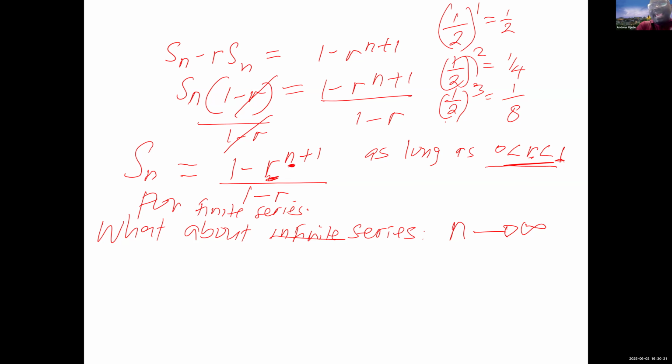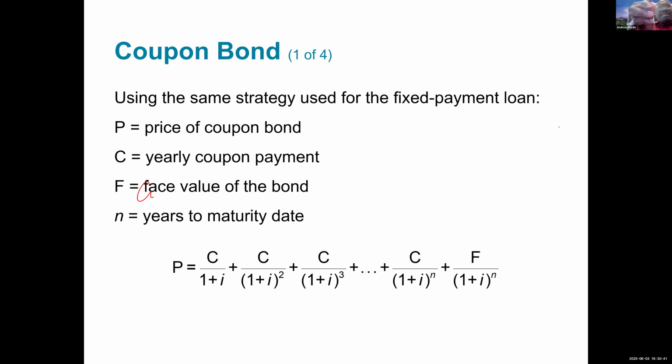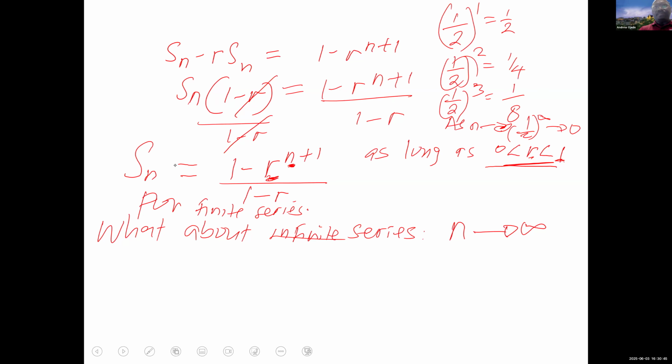So as n tends to infinity, 1/2 to the power infinity is going to go to 0. So Sn, as n goes to infinity, is going to be the same thing as 1 over 1 minus R.